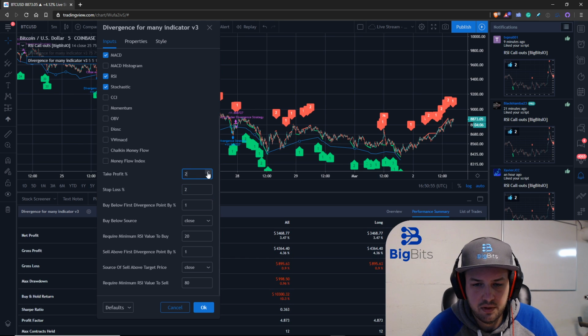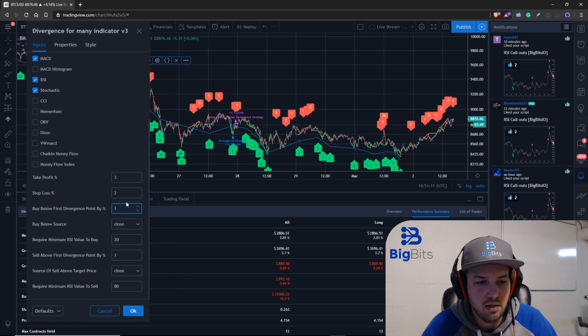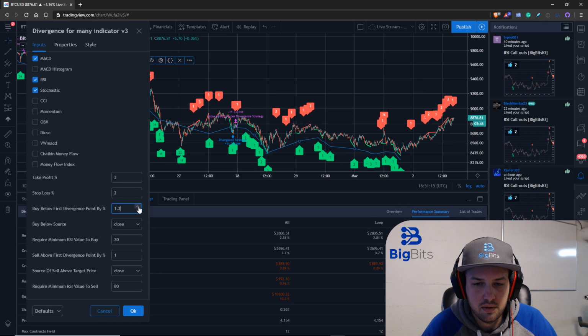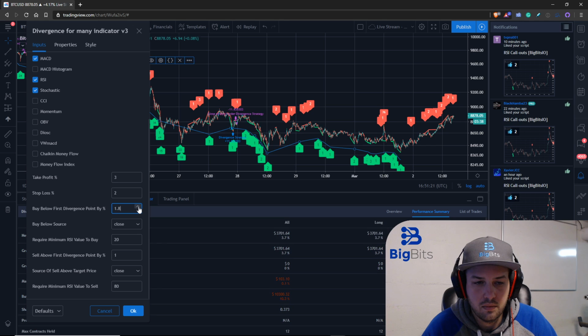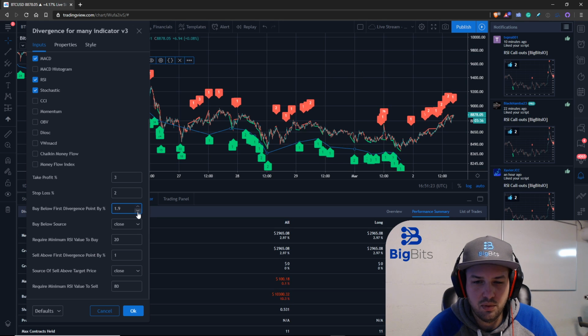Change our take profit. I'll just leave that at 3%. It's not bad. Yeah, we adjusted the buy below percentage as well earlier. See if that helps any. Kept it at 1.7 last time.